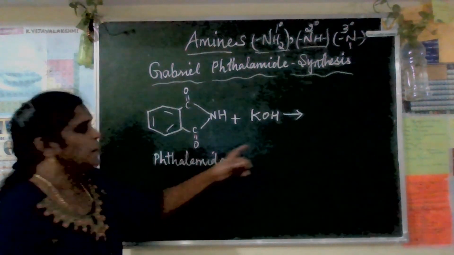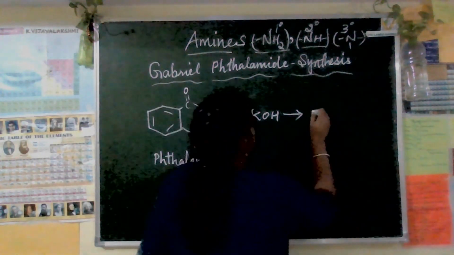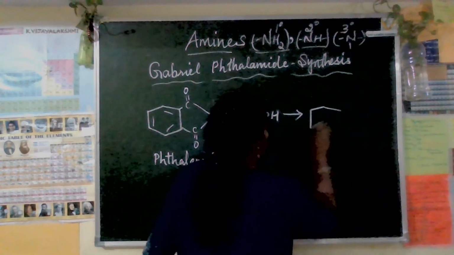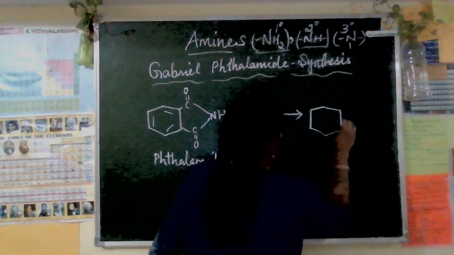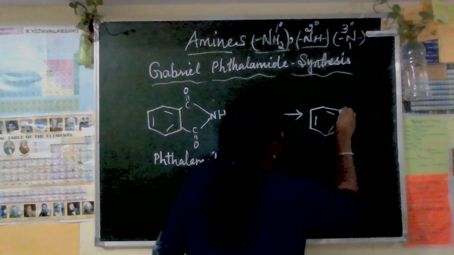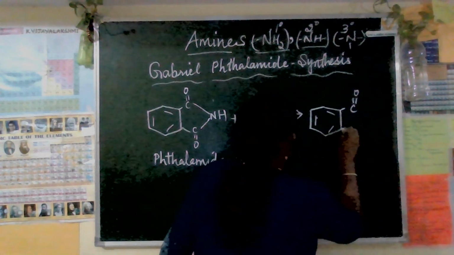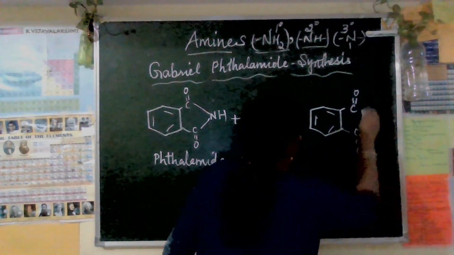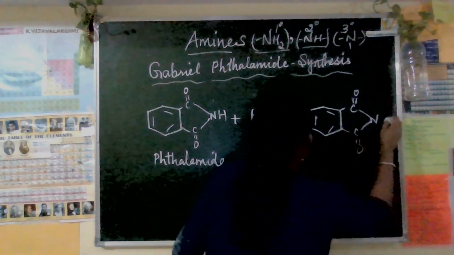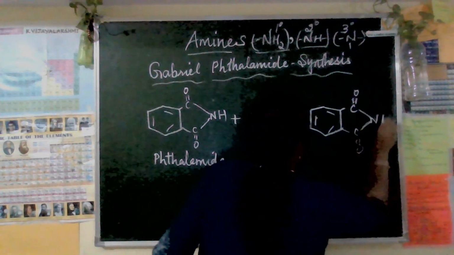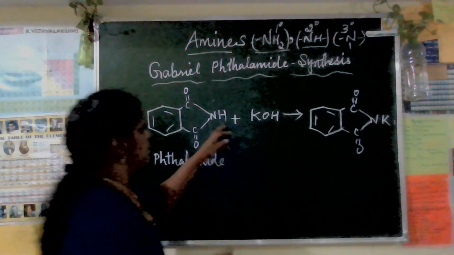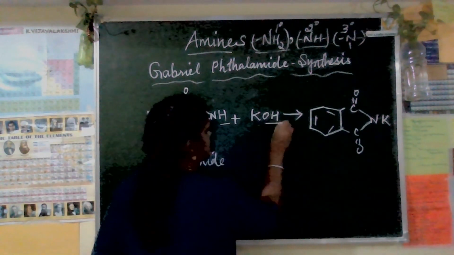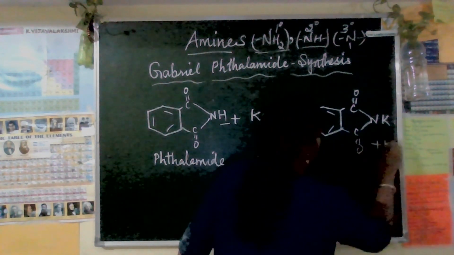You will get potassium phthalimide. Okay. So, here what will you get? The same C double bond O, here C double bond O. These both are connected with N and K.